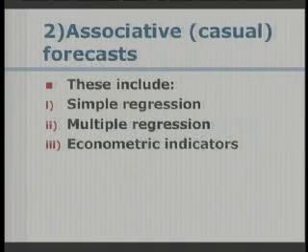Now, we also have associative forecasts. These include simple regression, multiple regression, econometric indicators. We were talking about these methods earlier, and so you can see that in forecasting also we are making use of some of these methods, including the qualitative and the quantitative techniques.